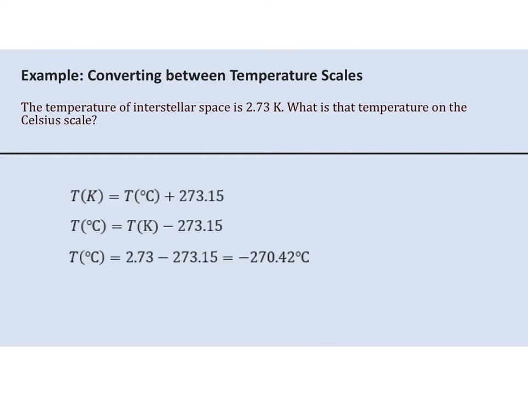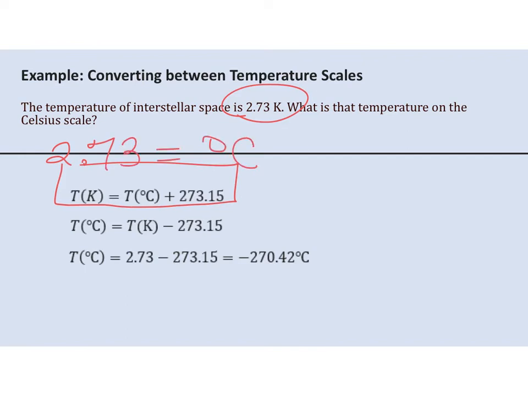Here's an example of converting from one temperature scale to the other. Very easy, okay? Just mainly have to remember the formula. Alrighty, and then just plug in your values. 2.73 Kelvin. And you're trying to solve for degrees Celsius.